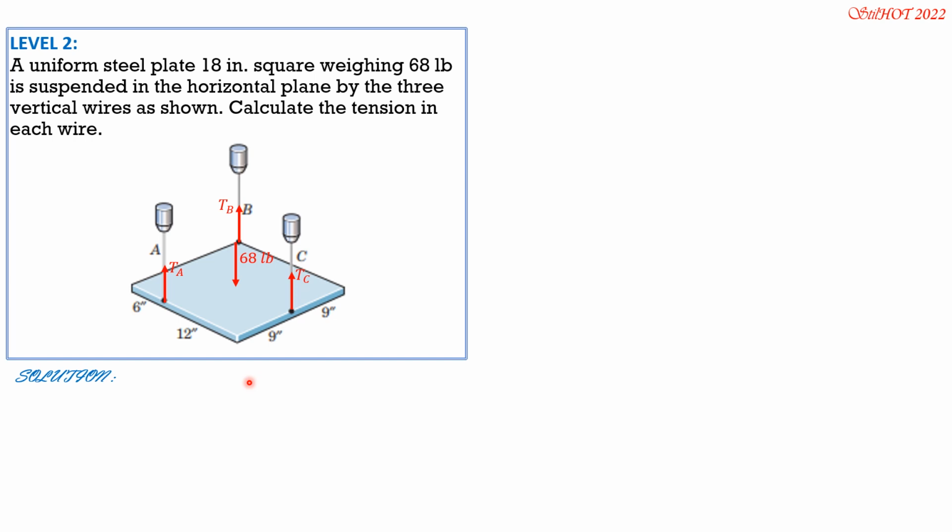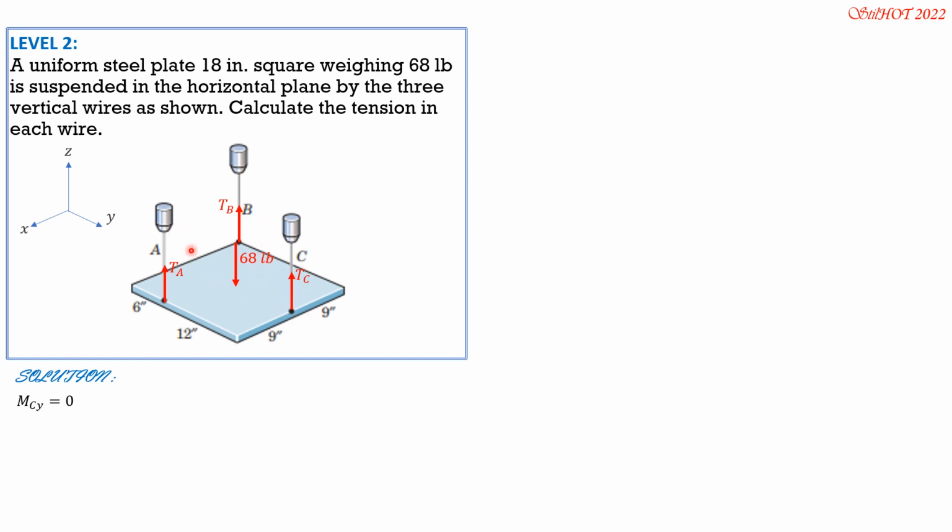So first we sum up moment about CX so that we can relate tension A and tension B, and 68 and tension C will not be involved. So this is our orientation. Moment CY rather, because this is the y-axis. So by right thumb rule, the positive sense of moment about this axis here, this is CY, is in that sense.